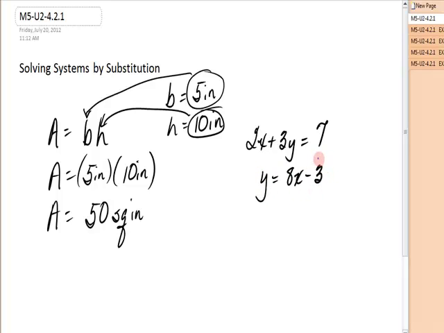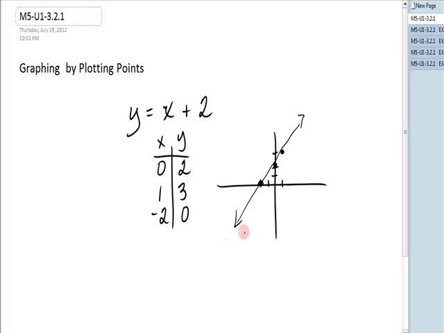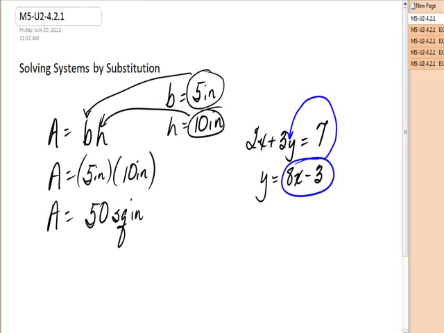We're going to take that value and substitute it in the other equation in the place of that, so that we get 2x plus 3 parentheses 8x minus 3, because that's the value for y I've substituted, that's equal to 7. So that's just a little preview about what we're going to do. Let's look at some problems.